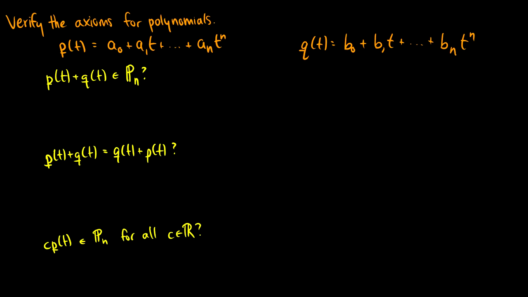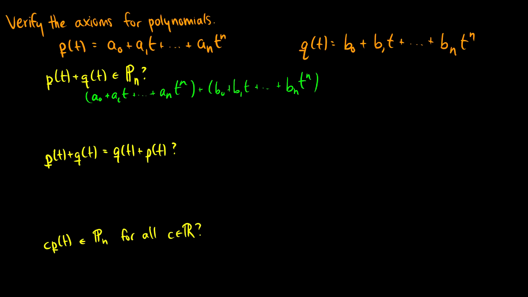So for instance, p(t) is going to be a0 plus a1t all the way up to an t to the n. And then we're going to add our vector q(t). This is going to be b0 plus b1t all the way up to bn t to the n. I should mention these are the same degree, but they don't have to be because these are polynomials.